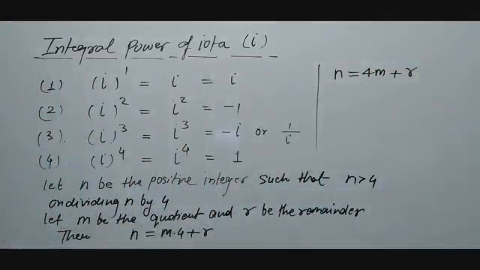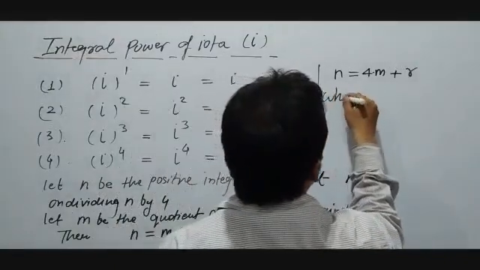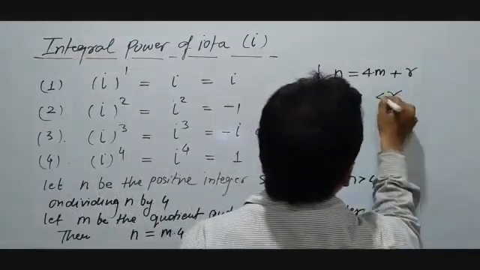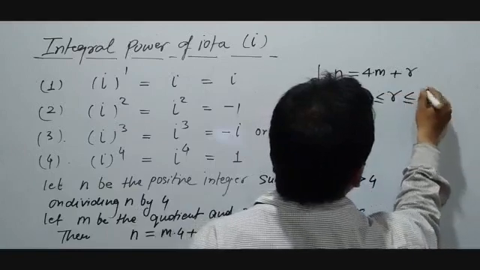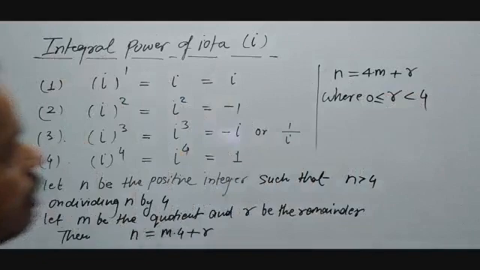What can we say about r? The remainder r is greater than or equal to 0 and less than 4, not equal to 4. This is the condition.